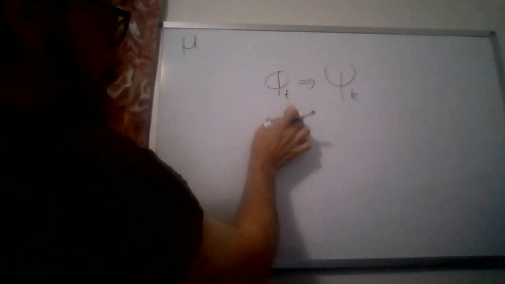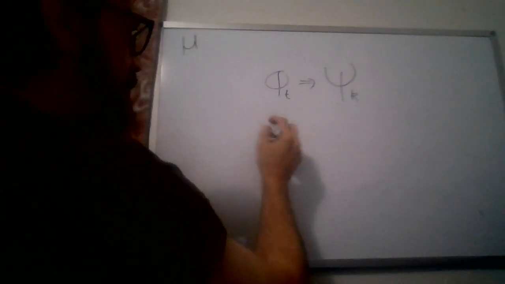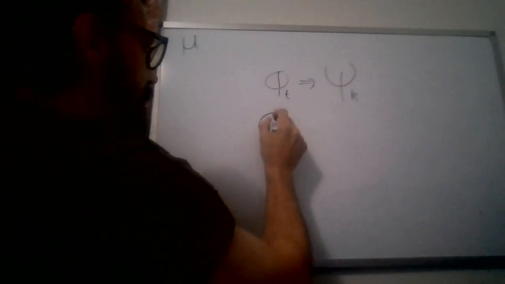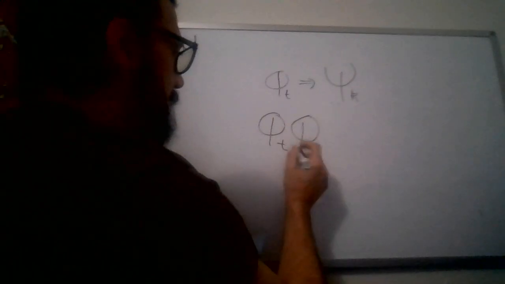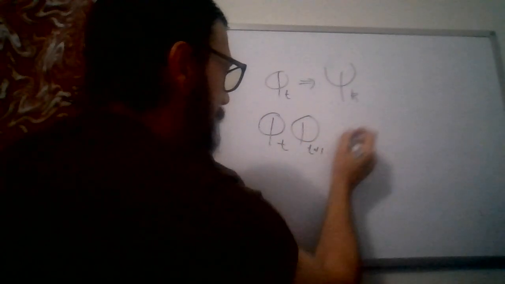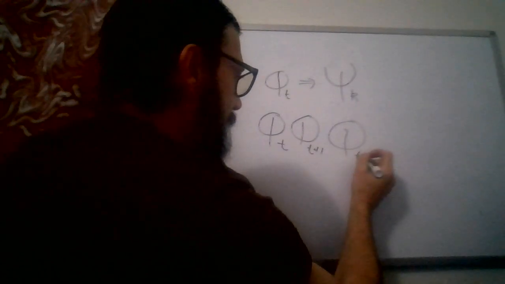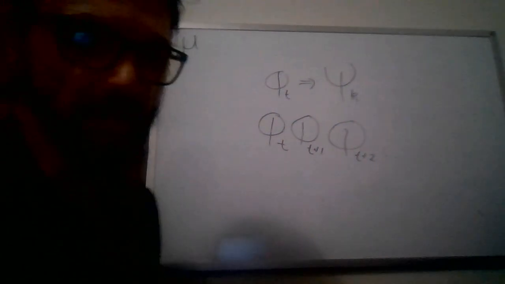And these processes transform into these resultants. And in this case, you could have this one, t plus 2, and so on and so forth, all on the same line.